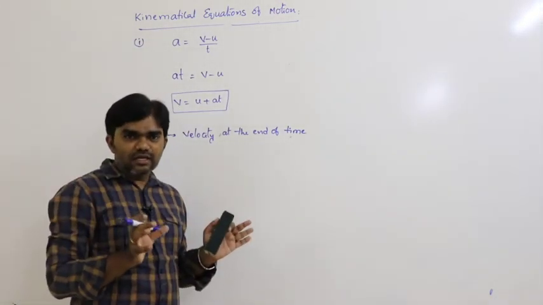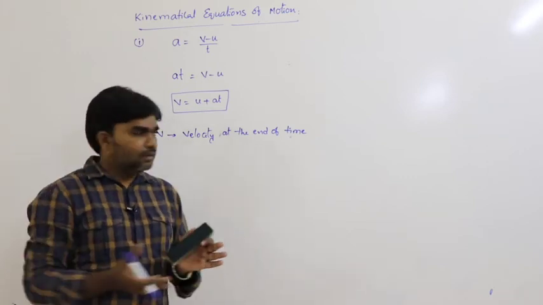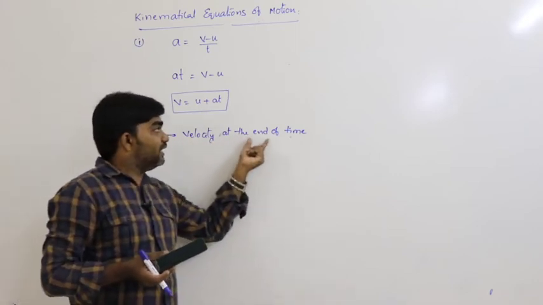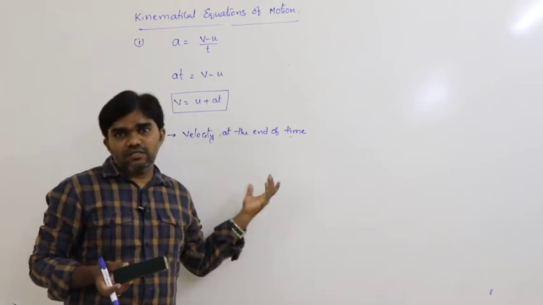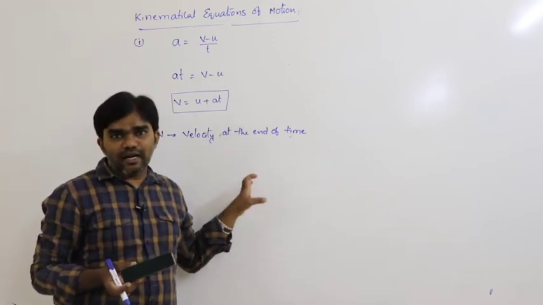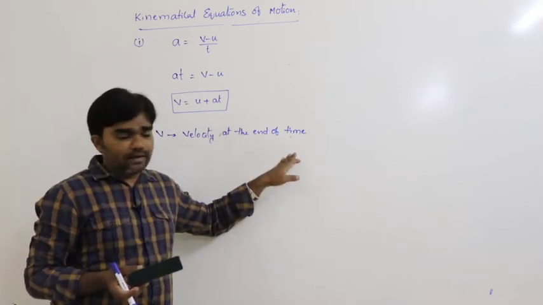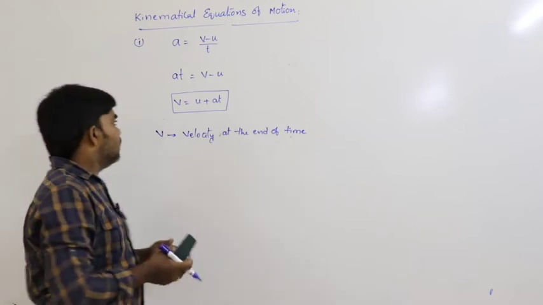Let us say the velocity of the body after 5 seconds. That means after 5 seconds this is the V. V is the velocity at the end of the time, after however many seconds or minutes we are calculating.